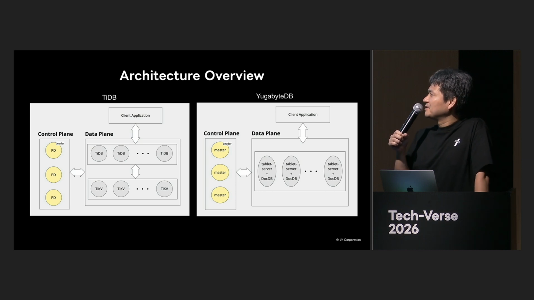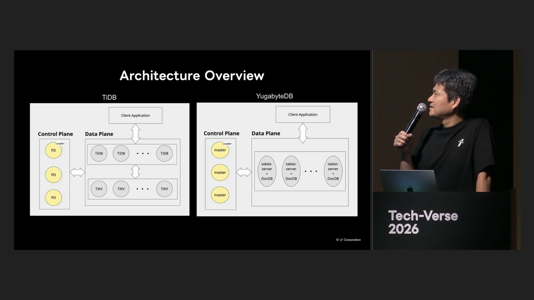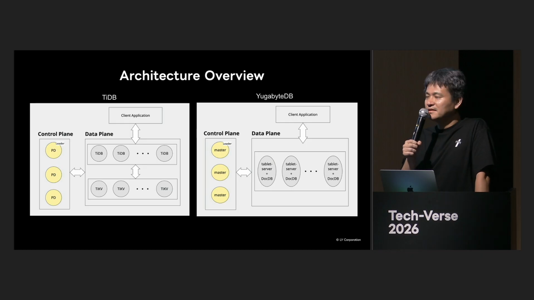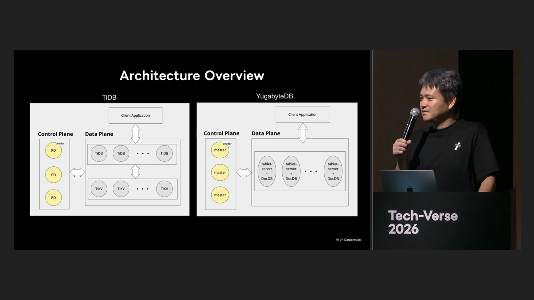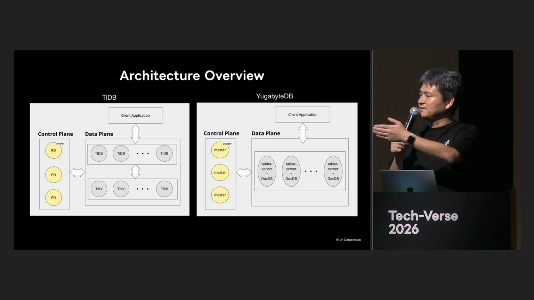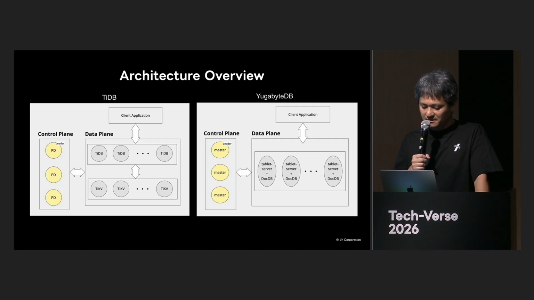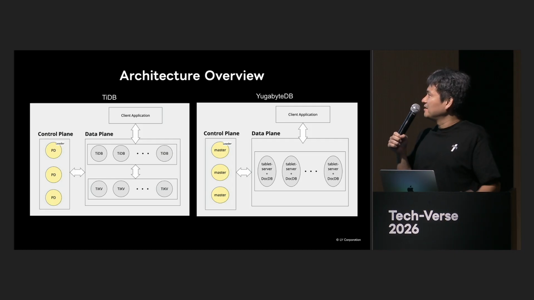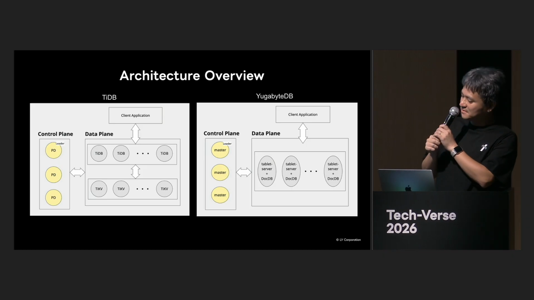Roughly speaking, there's a command system called the control plane, with 3 or 5 machines, and the data plane nodes that it orchestrates. This is a distributed database with many instances.